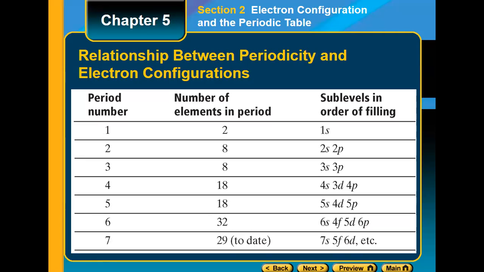The second period has 8, the third also 8, and the fourth is 18. Here we just added the 3d. That's why the fourth period is longer, with 10 more elements than the third period, because the 3d starts to appear in the fourth period, since we know that 4s is filled before 3d, and so on in the other periods.